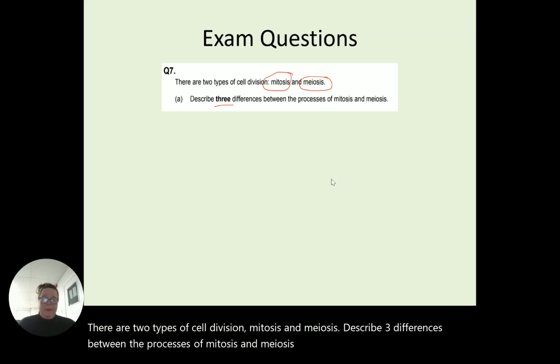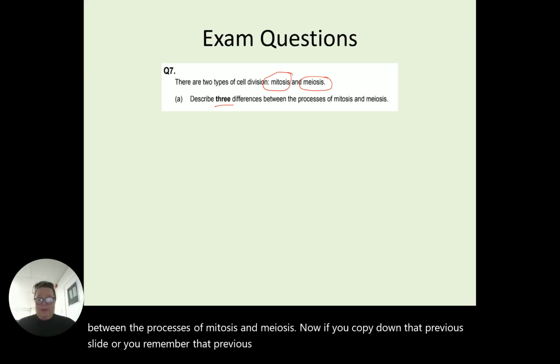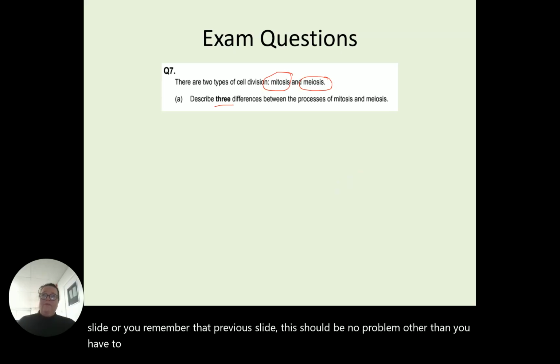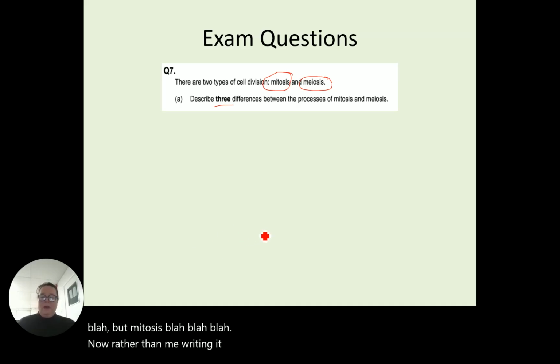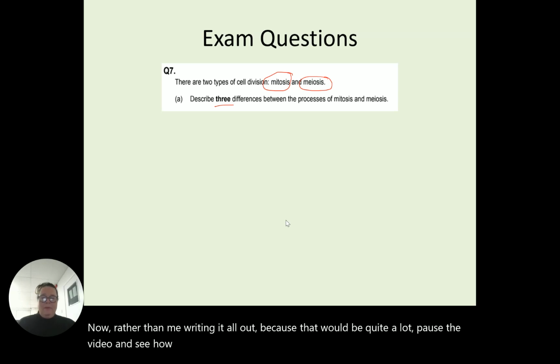Now, if you copy down that previous slide, or you remember that previous slide, this should be no problem, other than you have to remember it's comparative. So you have to remember meiosis, blah, blah, blah, but mitosis, blah, blah, blah. Now, rather than me writing it all out, because that would be quite a lot, pause the video, see how many you can remember, and then we'll go through the mark scheme.